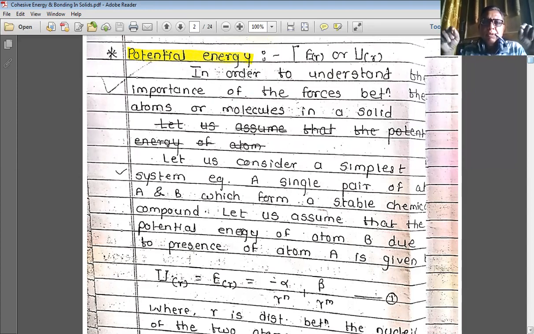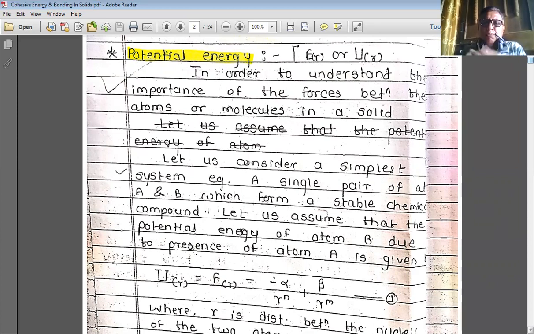Let me say it again. Let us consider the simplest system, a single pair of atoms A and B which form a suitable chemical compound.